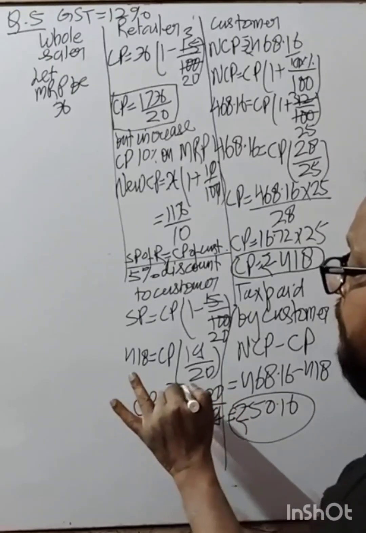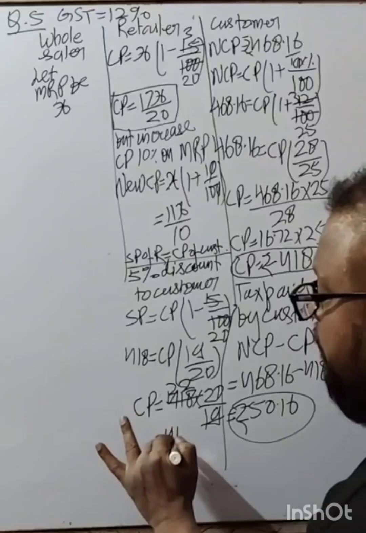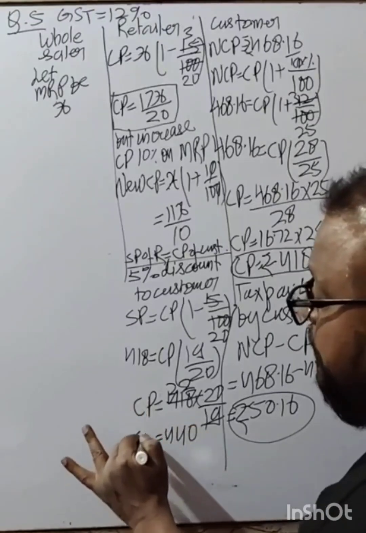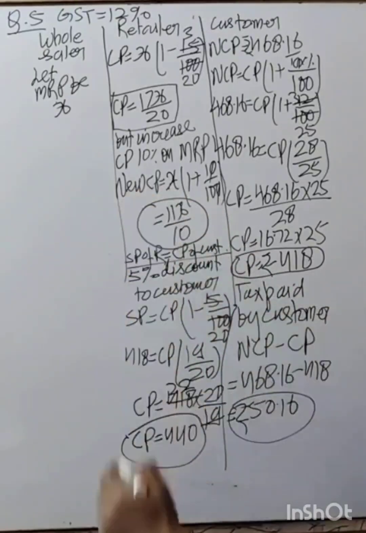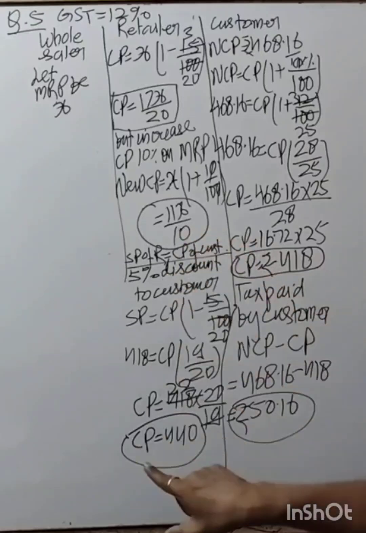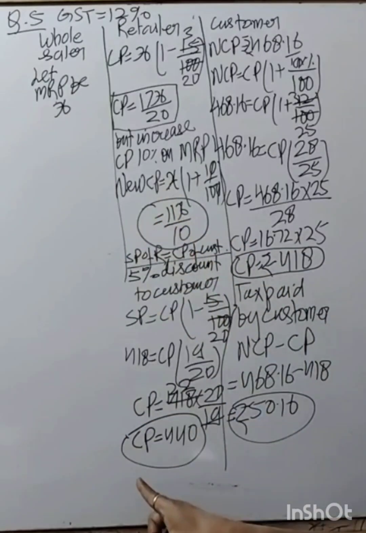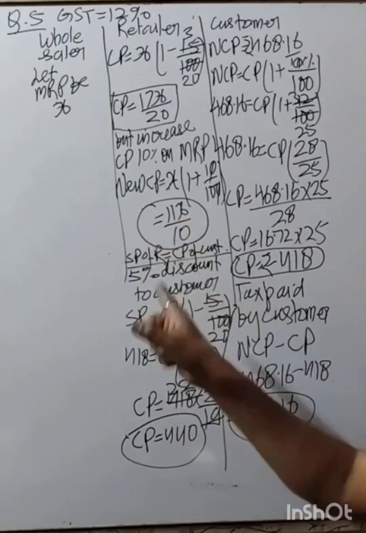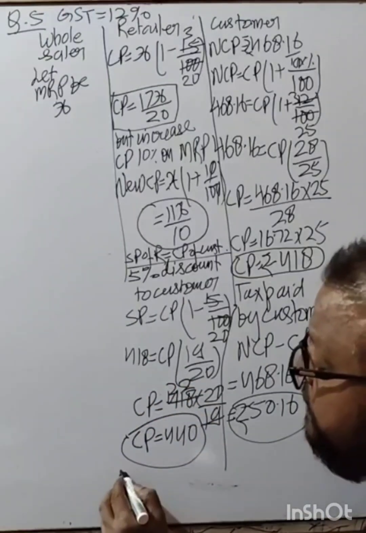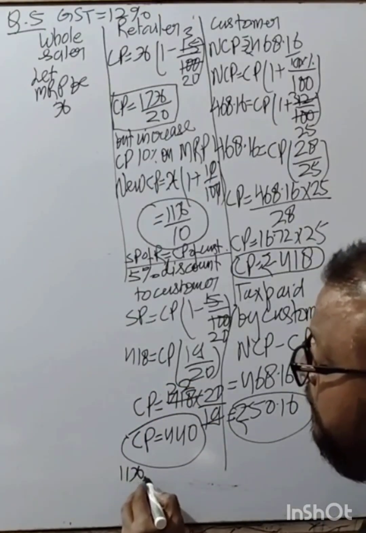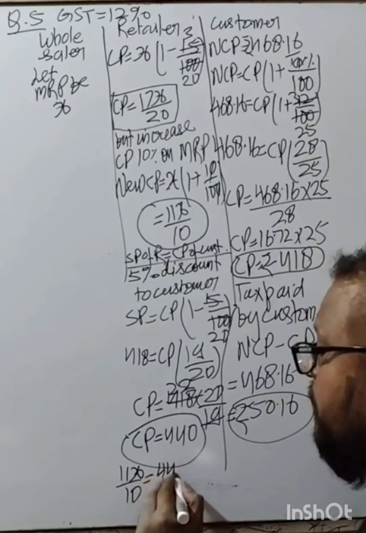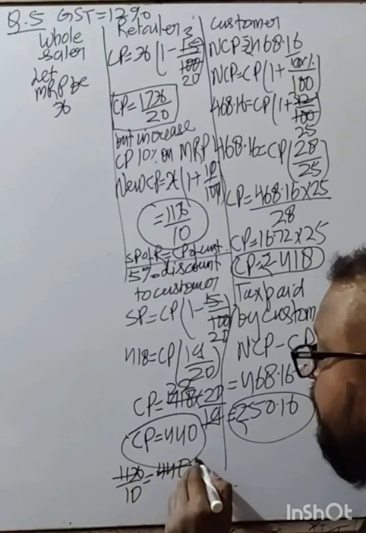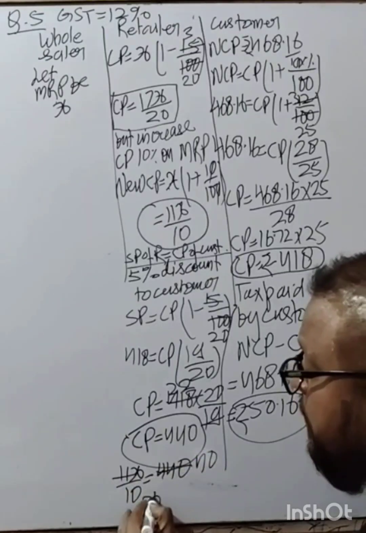It becomes 22 and you get 440 CP. So this 440 is the cost price after the increase of 10%. So 11x upon 10 is equal to 440, so it becomes 40. So x is equal to 400.